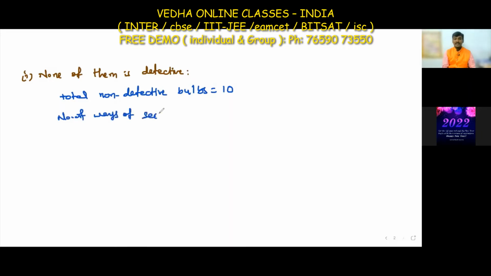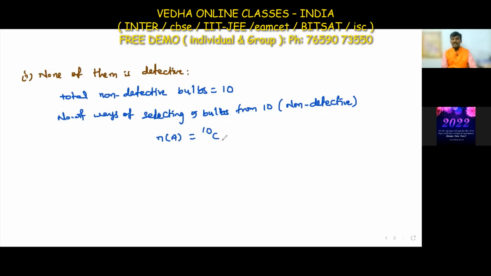All these are non-defective. If I take this as n(A), from 10 we are selecting 5, that is nothing but 10C5.